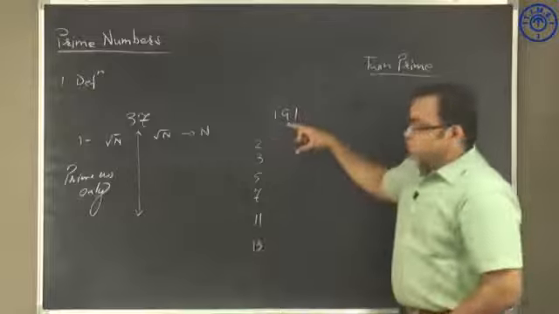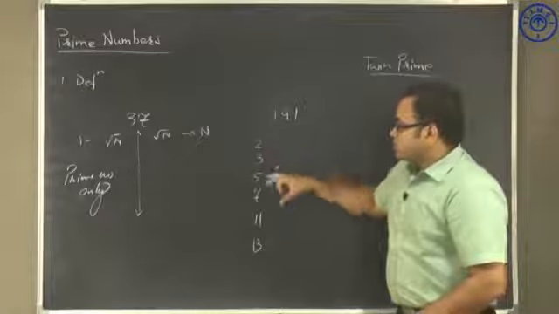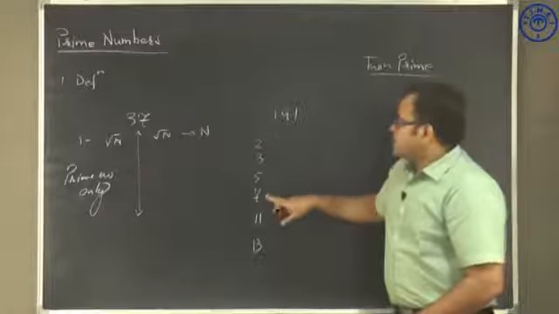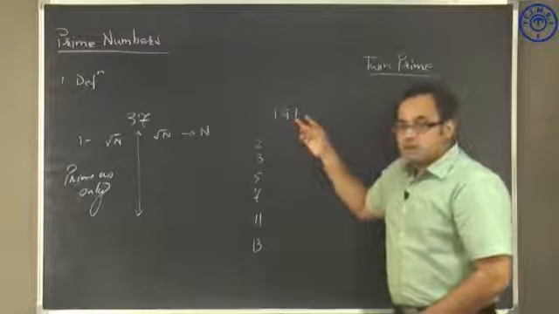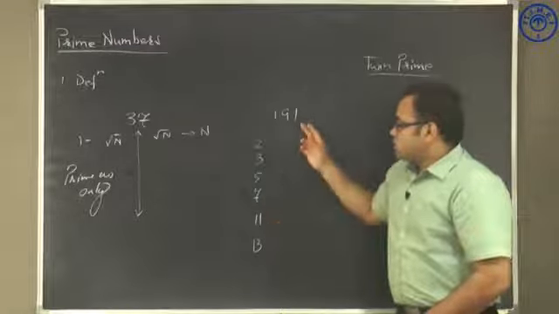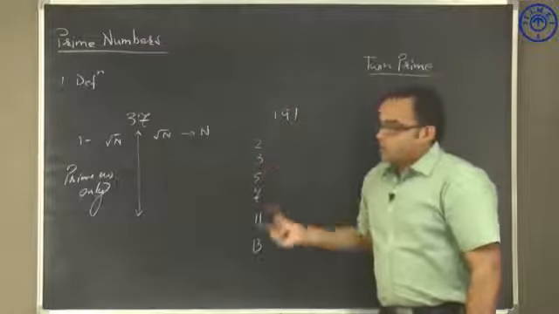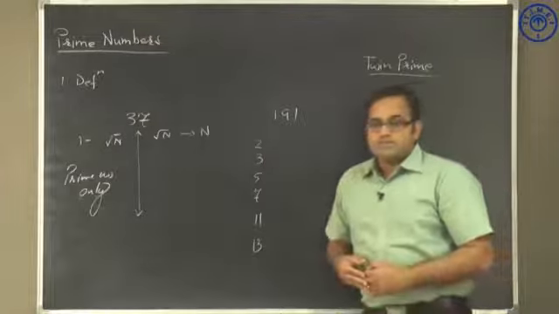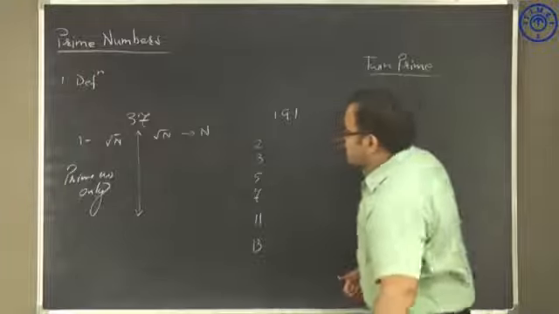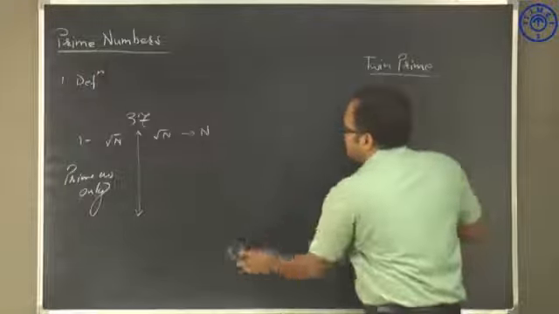So 2, it is not divisible, 3, it is not divisible, 5 definitely not divisible, 7 again it is not divisible, 11 it is not divisible, 13 also it is not divisible. So therefore 191 would be a prime number. So that's about a general method for checking if a number is a prime number.